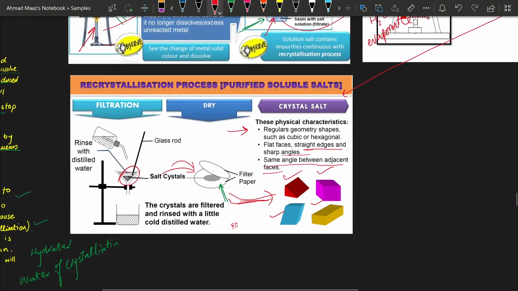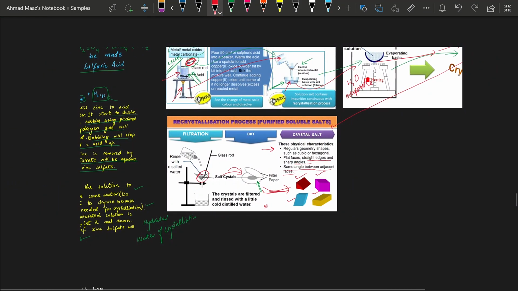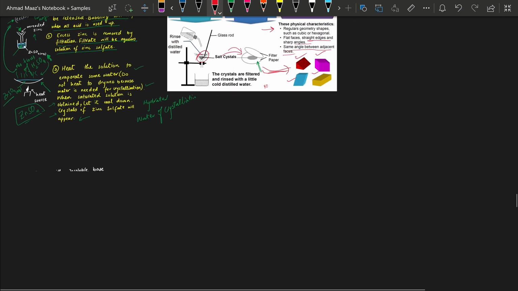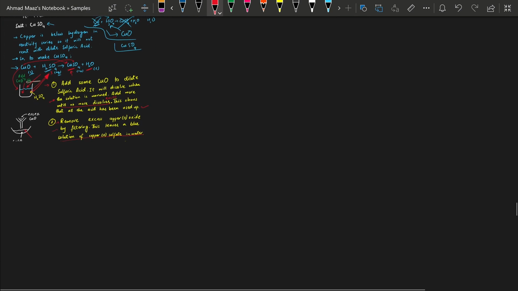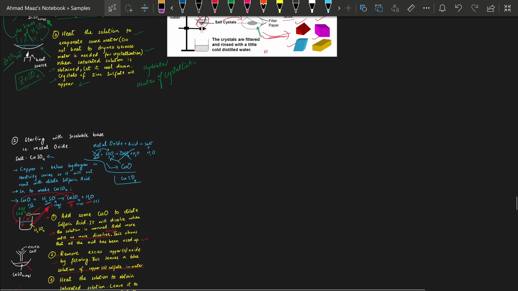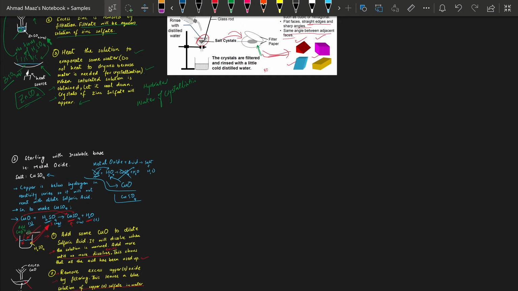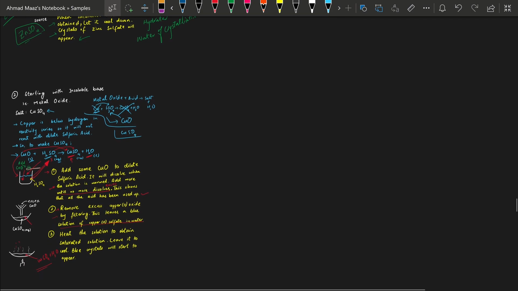So that is all about formation of salts by metal oxides. And the same is the method with metal carbonates as well. It is the exact same method. The only difference is in the equation: with metal carbonates we get, instead of salt and water, salt plus carbon dioxide plus water.